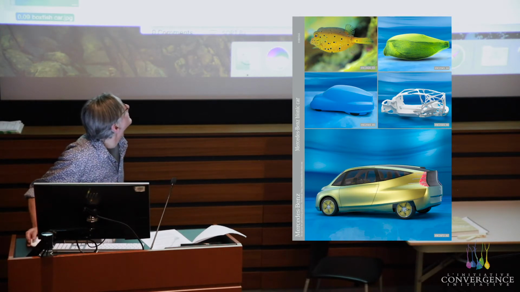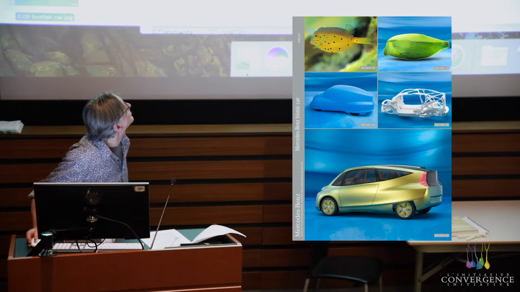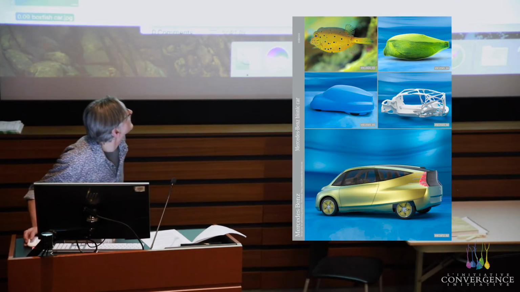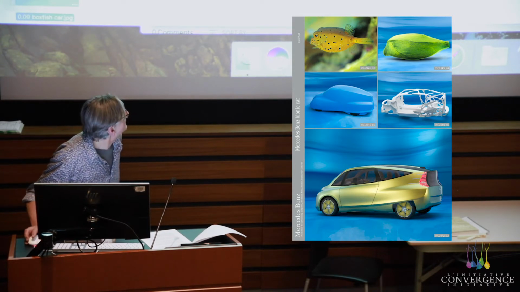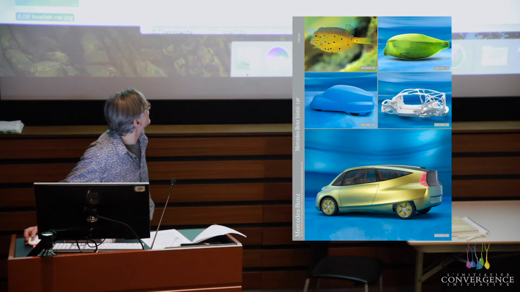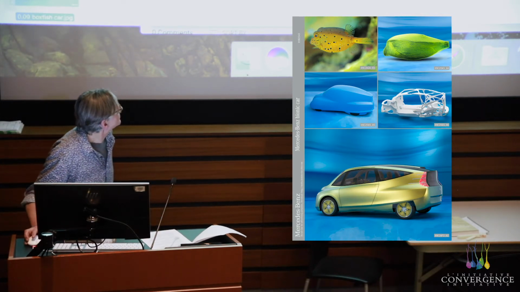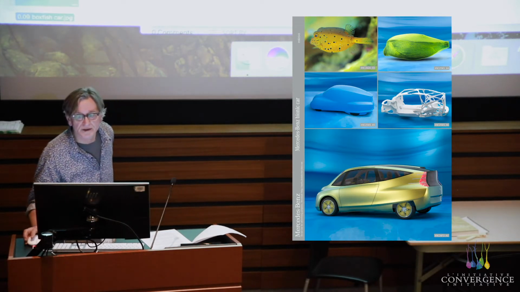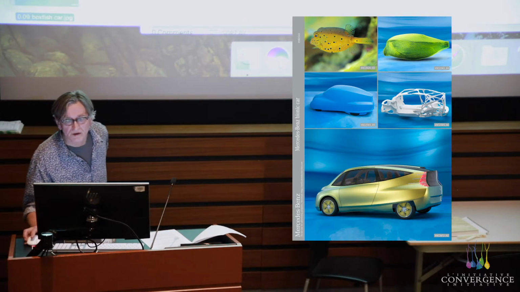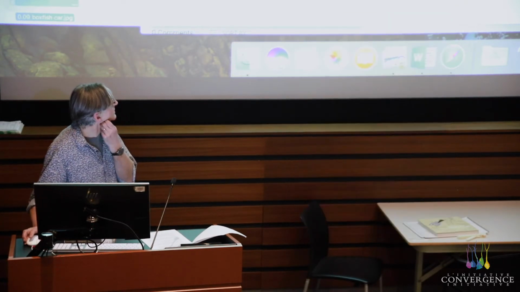So the engineers and designers at Daimler took inspiration by this fish, and here in this picture it shows how they developed an SUV, a small SUV that can easily transport four people.